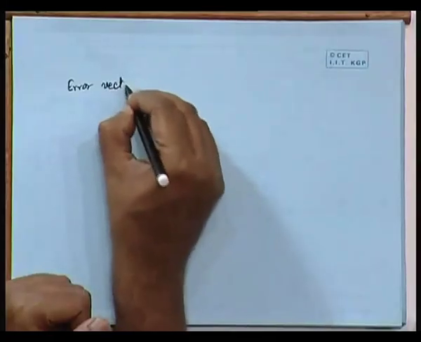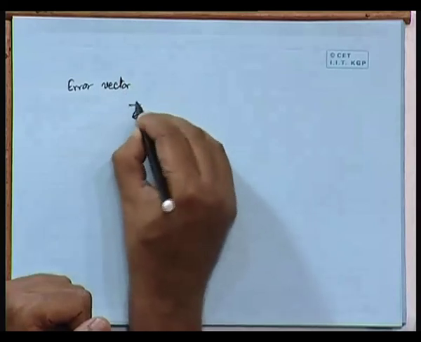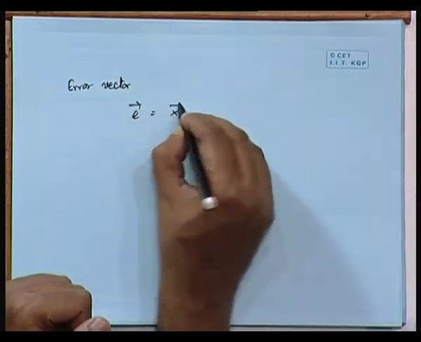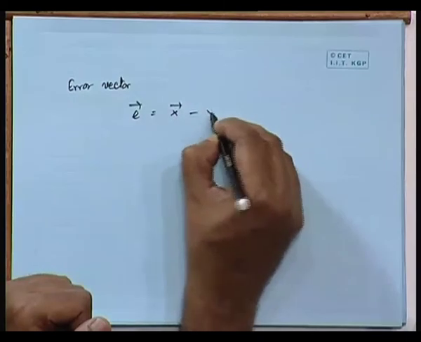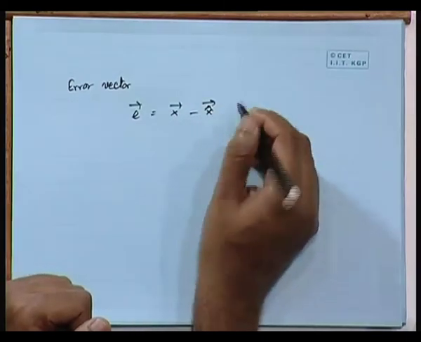Let us try to find out the expression for the error vector. You will automatically come to know when you find out the expression of that. You see, the error vector will be represented as E vector equal to x vector minus x cap vector.